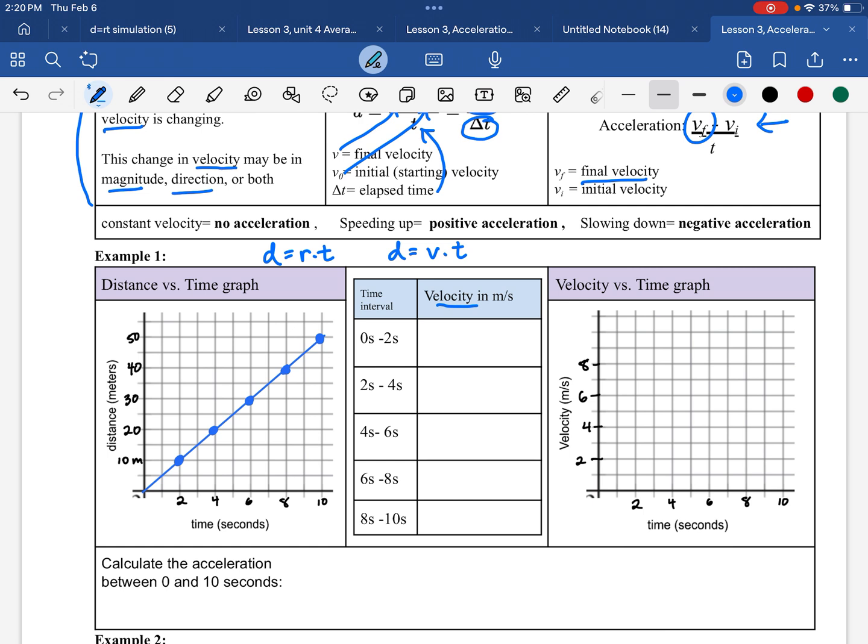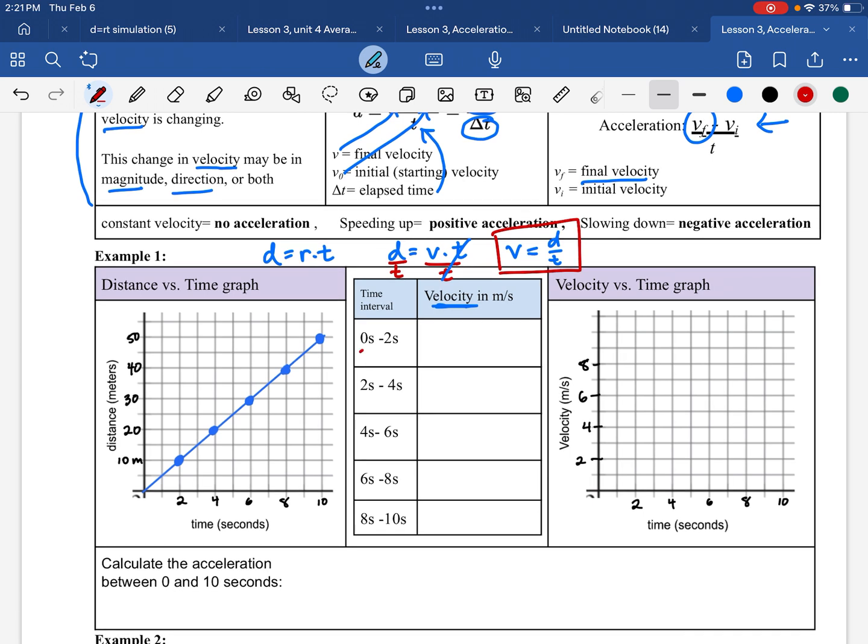So now we're calculating velocity. So let's solve for v. We're going to get v by itself. So we're going to divide both sides by t, and what we get then is velocity. That cancels. Velocity equals distance divided by time. So that's what we're going to use to calculate the velocity for each of these time intervals.